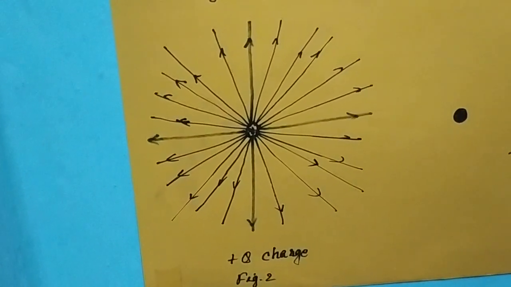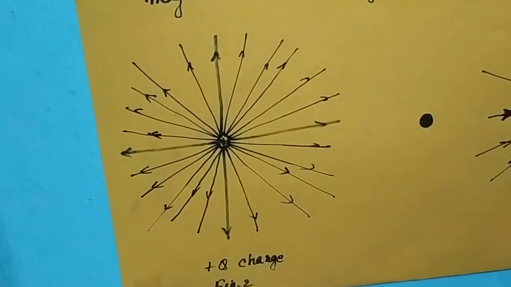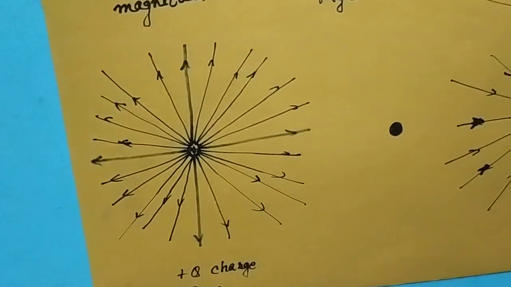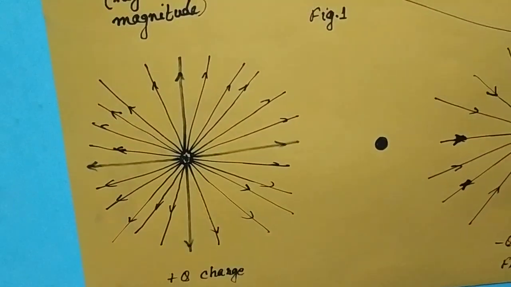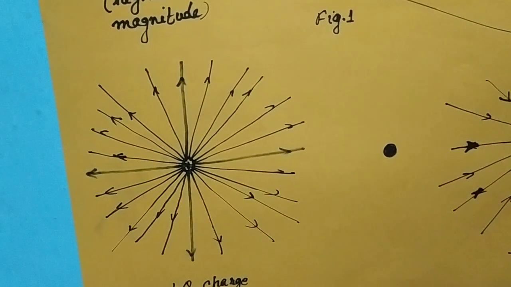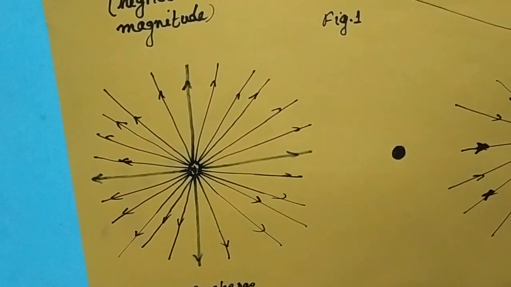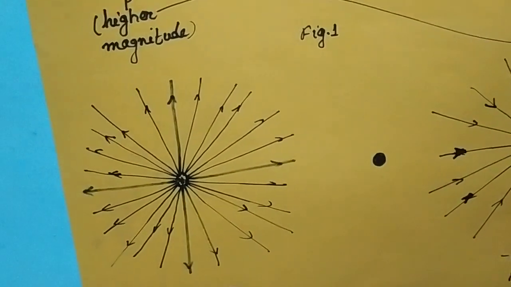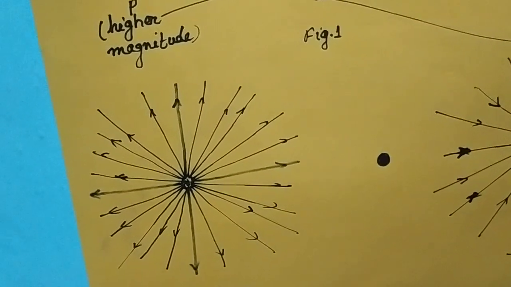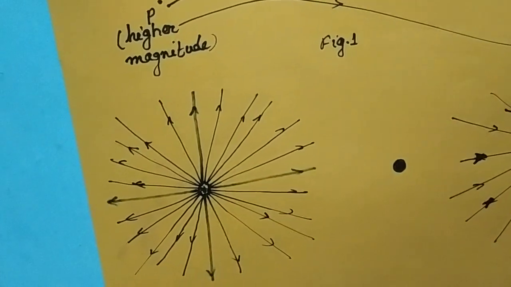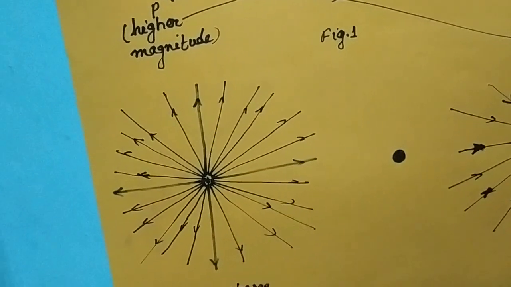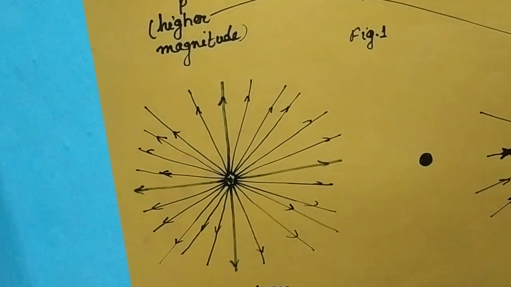You can see that the electric field lines are projected radially outwards from the charge. Close to the charge, the density of electric field lines is higher, so the magnitude of the electric field is higher. At farther points, the electric field lines are spaced by greater distances, so the magnitude of the electric field is less.